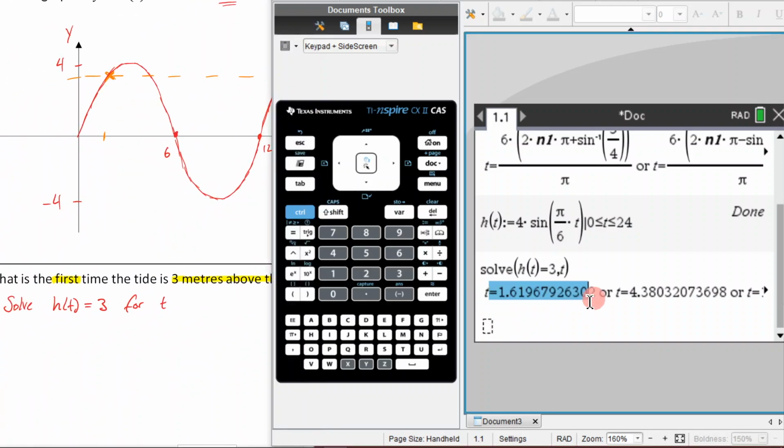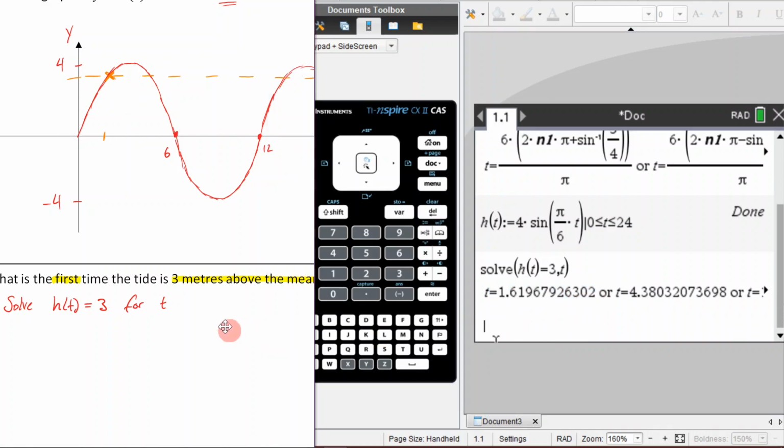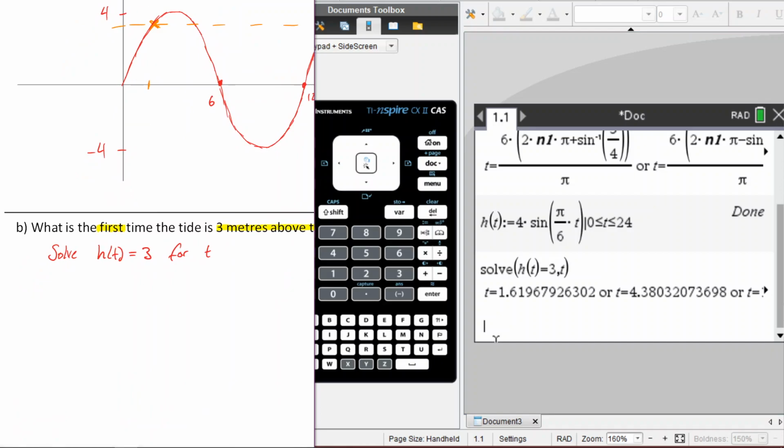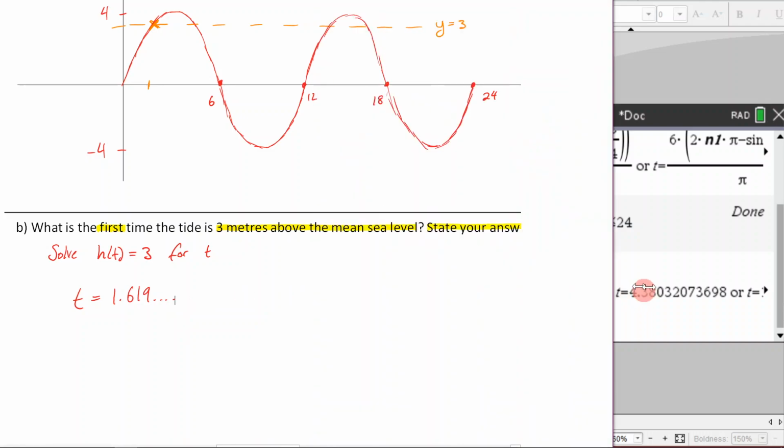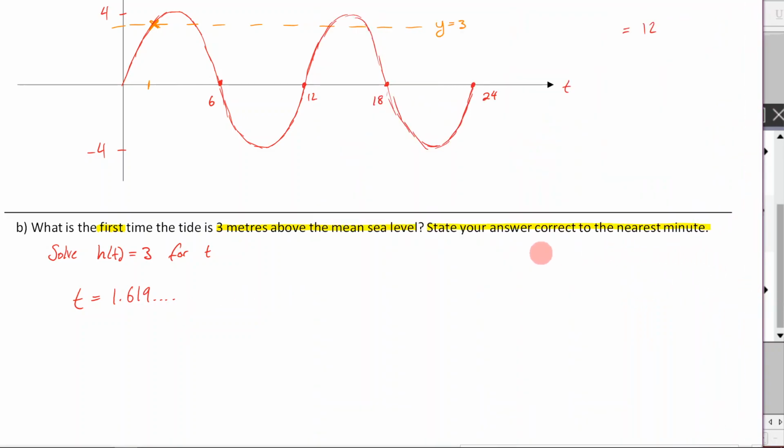So I'm just going to take this first one here, the lowest value, 1.1619, and so on. Okay, so that means I'm going to say that when t is equal to 1.1619, I'm going to get a height of 3 meters. Now, we have to see the way in which it wants me to present the answer. It wants me to give the answer correct to the nearest minute.